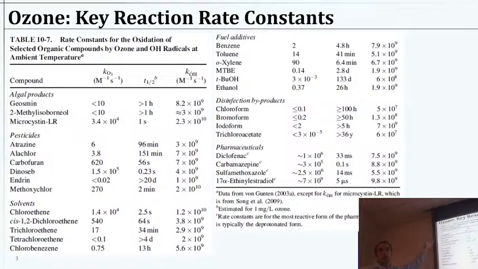So we have some algal byproducts, like the stuff we care about with harmful algal blooms, the toxin microcystin LR. Geosmin is like a bad smelling, bad tasting thing that's not really harmful, it just tastes bad. We don't like it in our water, so maybe if we're trying to destroy that. All sorts of pesticides, solvents, fuel additives, DBPs, pharmaceuticals, goes on and on.